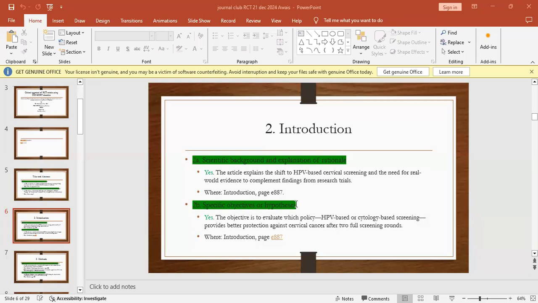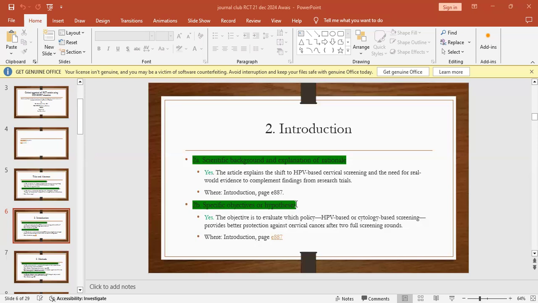A pooled analysis of four European randomized controlled trials reported superior performance of HPV-based screening as compared with cytology for preventing cervical cancer, with a 60 to 70% greater protection against invasive cervical cancer in HPV-based screening as compared with cytology.